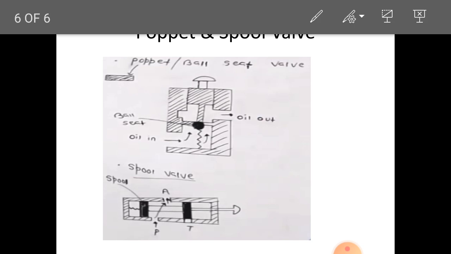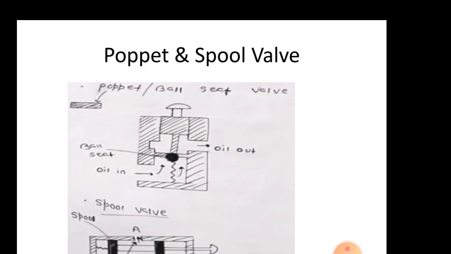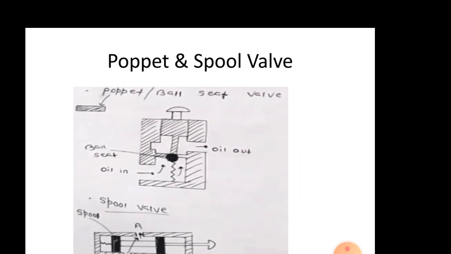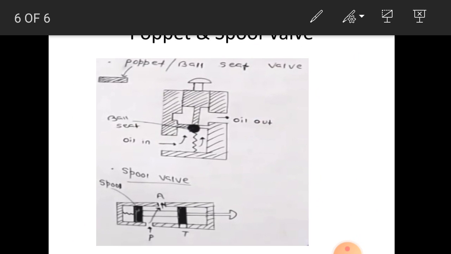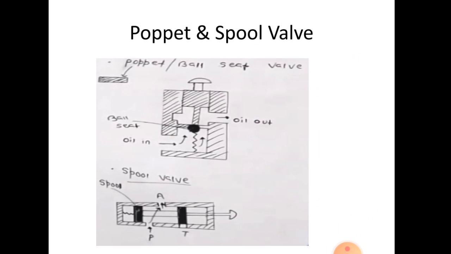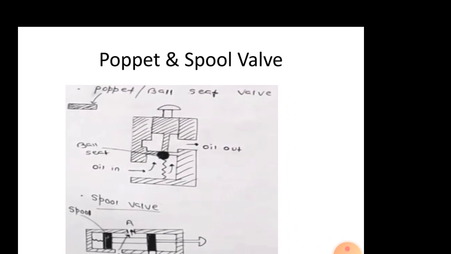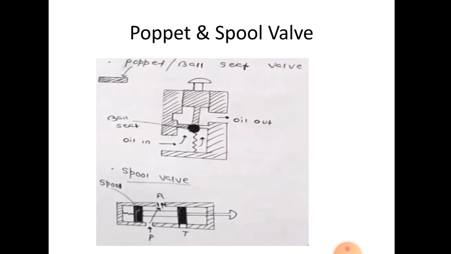Here in the figure you can see this is the poppet or ball type seat valve. So basically this comes under directional control valve. So in direction control, what we have to do, fluid has to reach from pump to the piston.